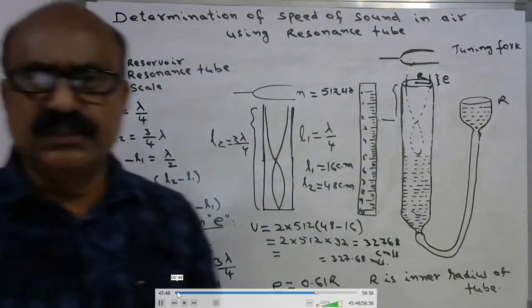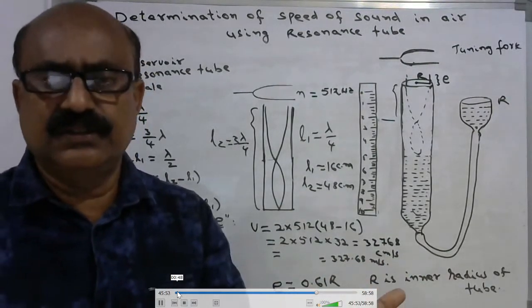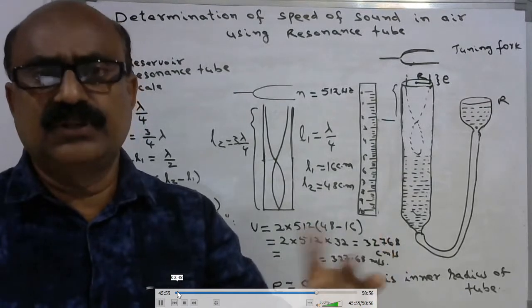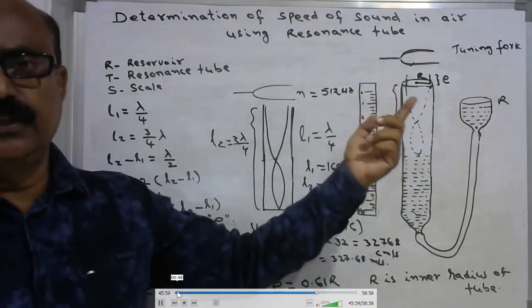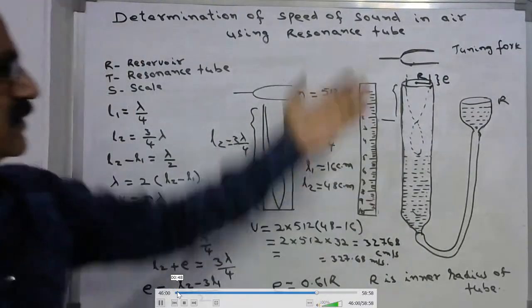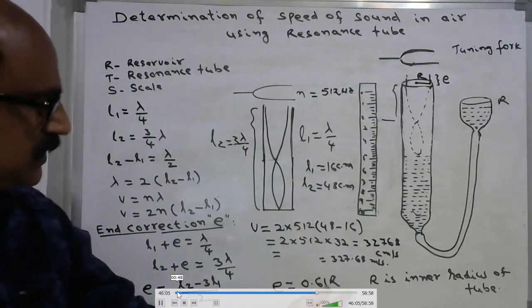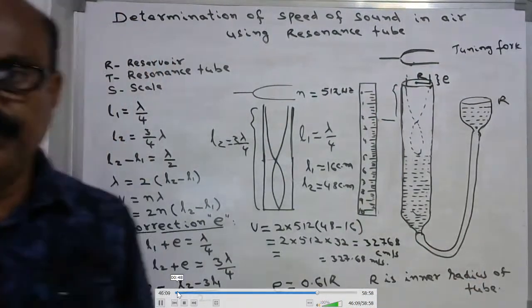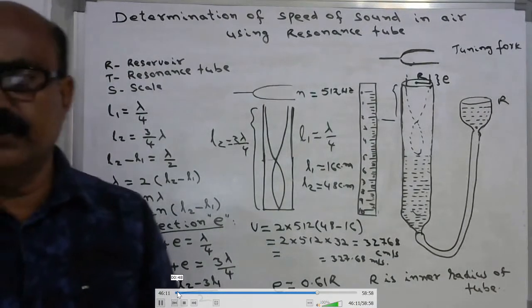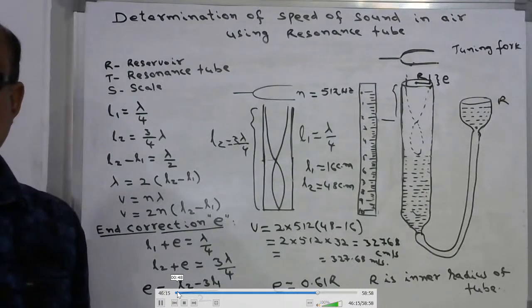In case of an open pipe, we have to consider both the sides, and the end correction will become twice that of the end correction in the closed pipe. So we get end correction equal to 0.61 times the inner radius of the tube. This is how we have to determine the end correction of the resonance apparatus.